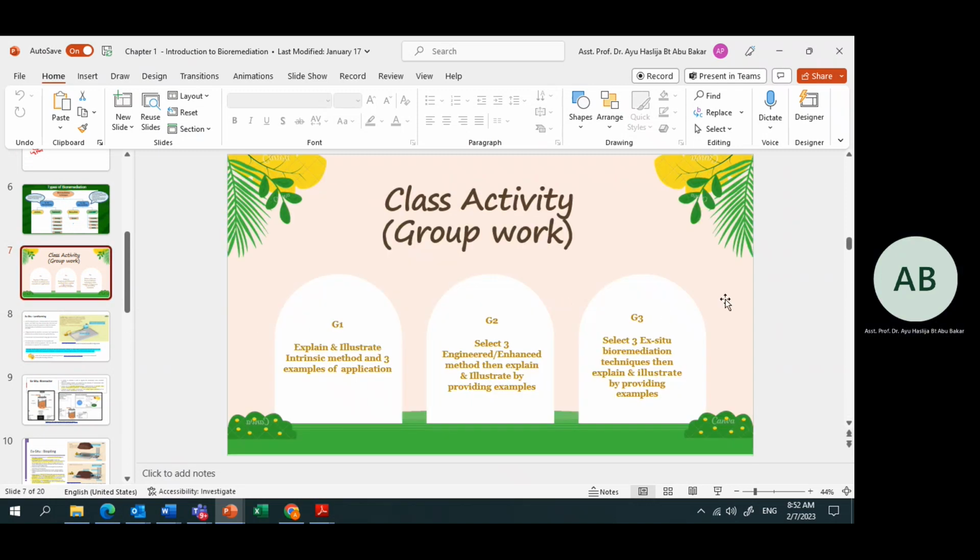This one. You should do some revision on this part, where you should be familiar with the ex situ and in situ methods, the intrinsic and engineered, how to explain them and how to illustrate them.